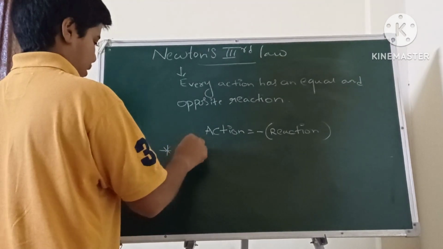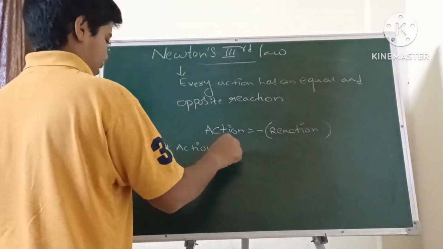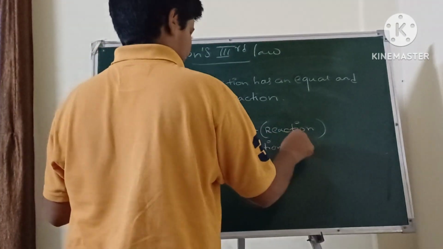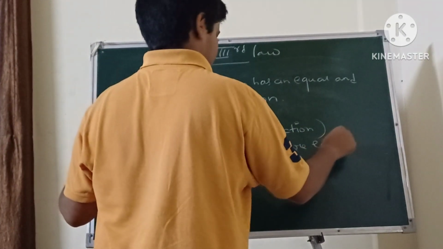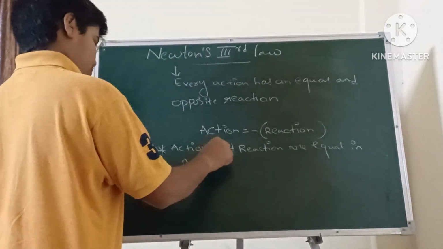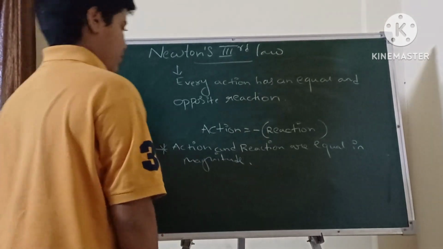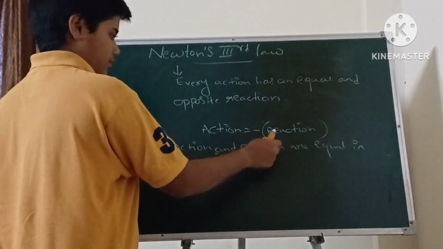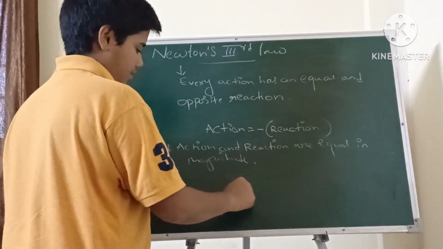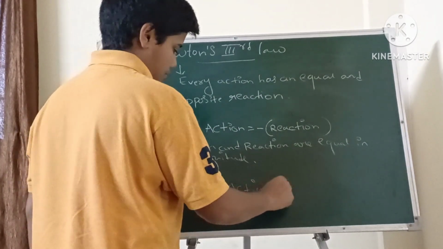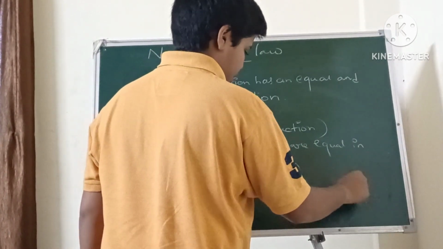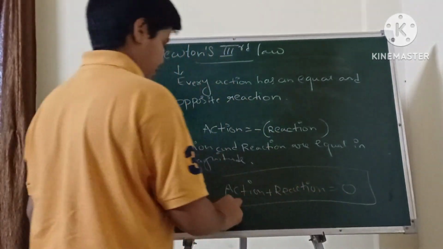Important point: action and reaction are equal in magnitude. So if I take the reaction to this side, action plus reaction is equal to 0. This is very important.